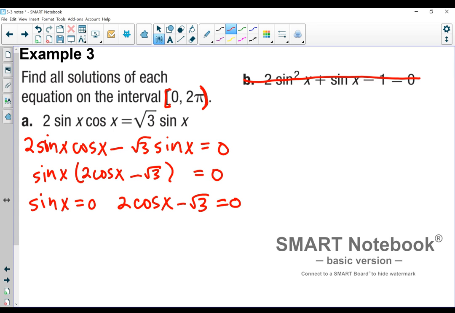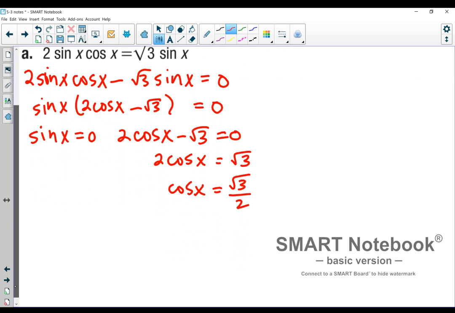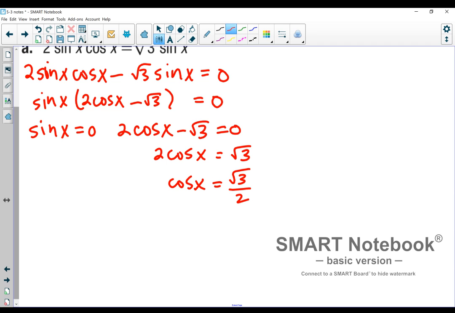This first one's already solved. Sine x is by itself. I just have to go through and figure out what that means. The second one, I need to get cosine x by itself. And we get some familiar numbers again with square root of 3 and 2. Pretty sure we already did that one. So for each of these trig functions, for sine x equals 0, I'm going to have a couple of answers, and I'm also going to have a couple of answers for cosine.